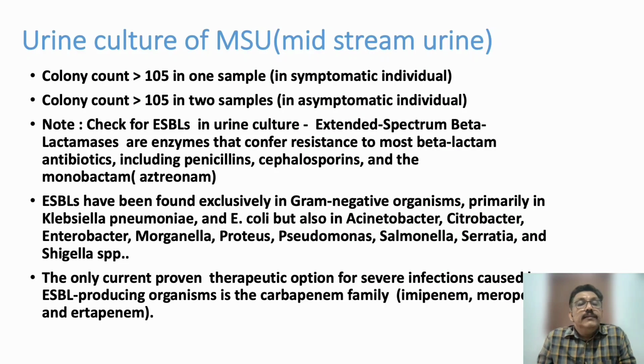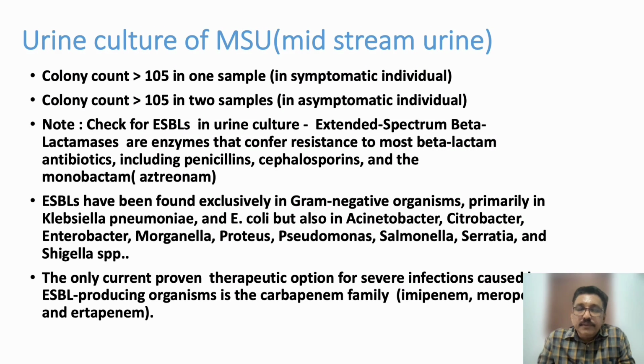Now culture is very, very important. A colony count of more than 10 to the power of 5 in one sample in a symptomatic individual, or more than 10 to the power of 5 in 2 samples in an asymptomatic individual, will give you a diagnosis of urinary tract infection. Again, when you are discussing culture in urinary tract infection, there are a few important things.